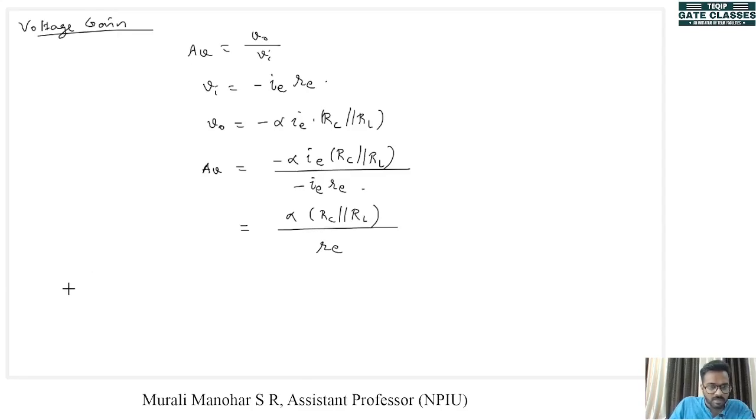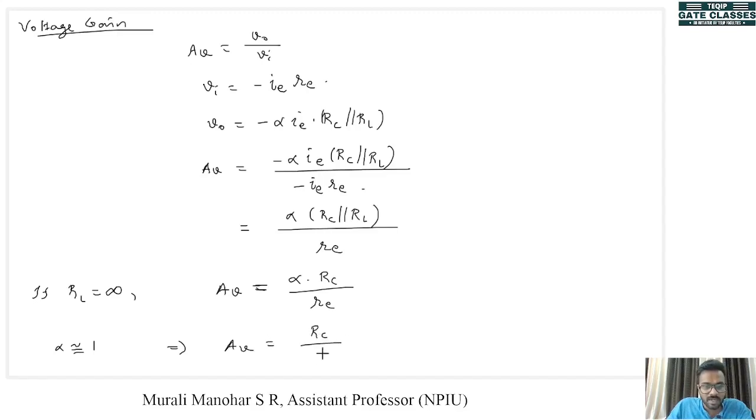Again, if we approximate RL to infinity, if the output is open, we get AV as alpha into RC divided by re, and we know that alpha is approximately equal to 1. So that gives AV as RC divided by re.